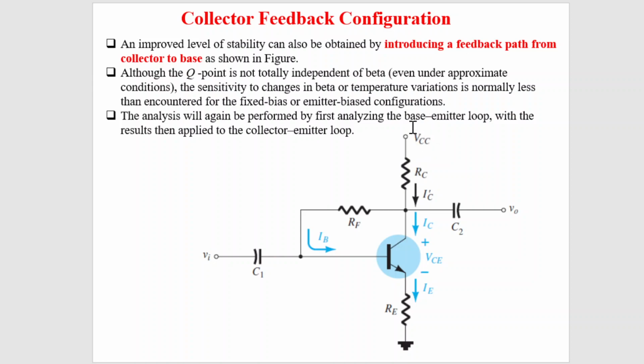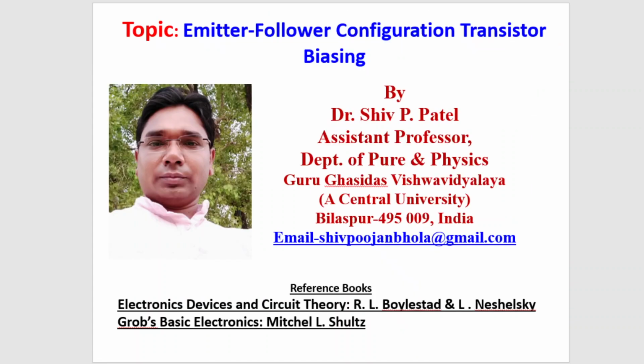Here plus VCC is connected to the collector through the collector resistance, and a portion of feedback is given to the base. This improves the stability of the transistor, and the collector feedback configuration is much more stable than the fixed bias configuration.